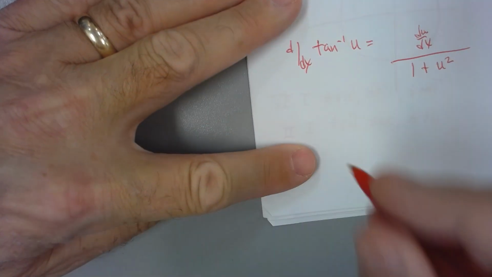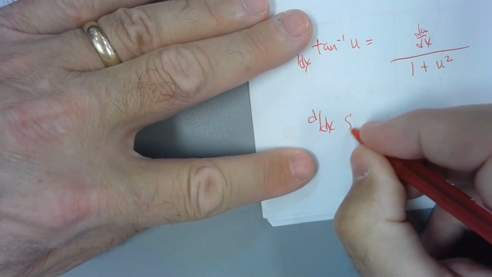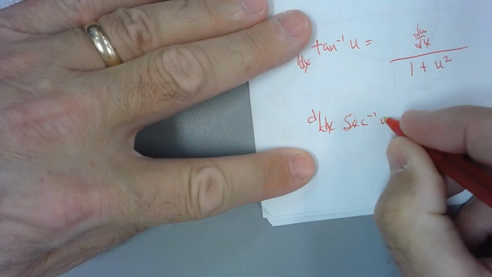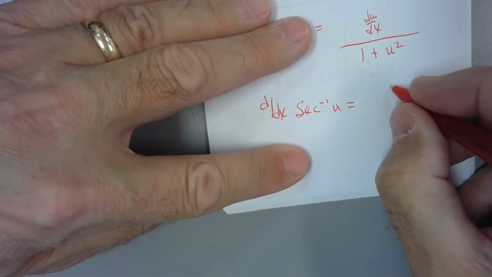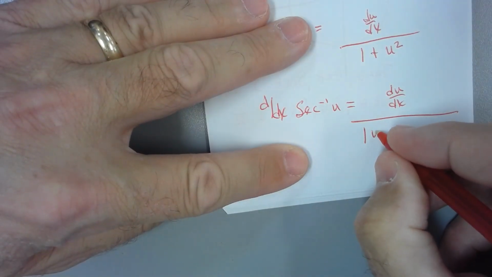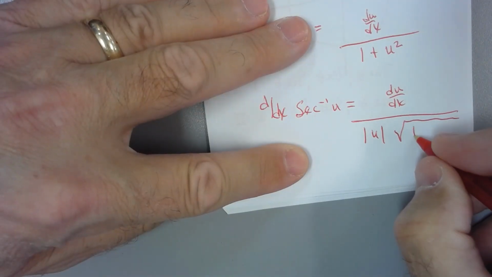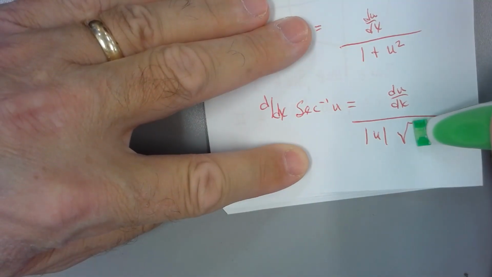For secant, arcsecant, inverse secant of u, it's du dx over a couple of things: absolute value of u, and then the square root of u squared minus 1. Sine is 1 minus u squared.